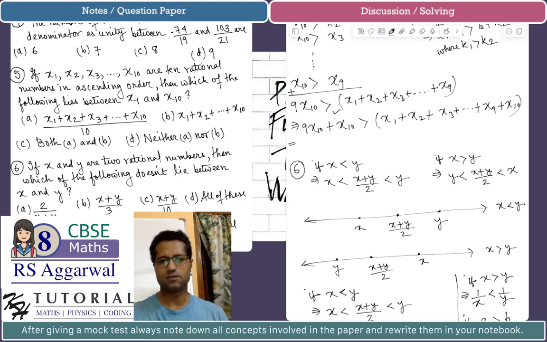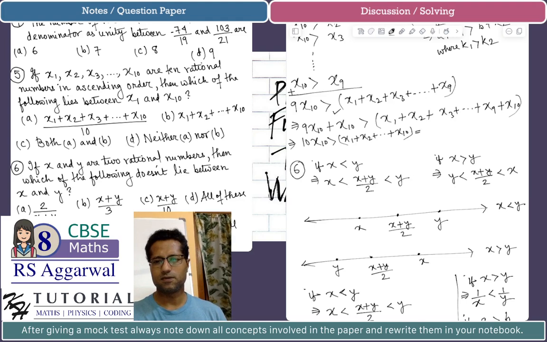So this implies that 10 times x10 is greater than x1 plus x2 plus dot dot dot up to x10. So this implies x10 is greater than (x1 plus x2 dot dot dot up to x10) divided by 10.